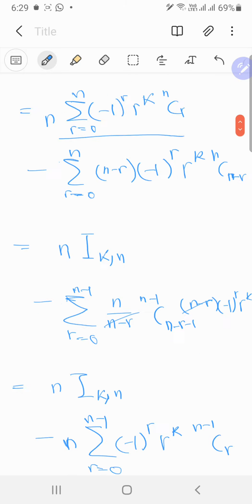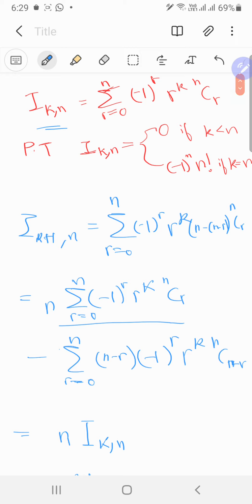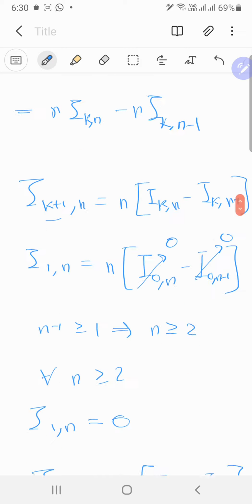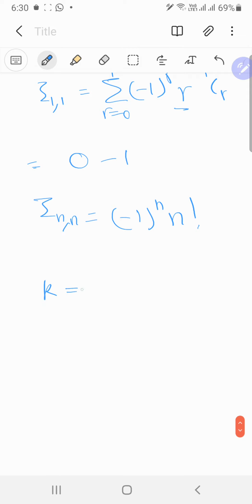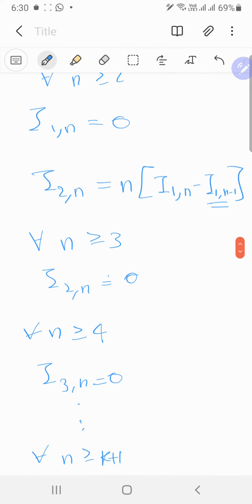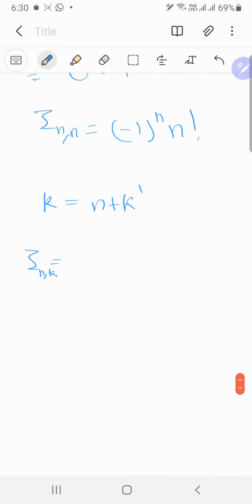Now you might have a question: okay, you got what values you get when k is less than n, what values you get when k is equal to n, but what if k is bigger than n? Well, if k is bigger than n, then we can write k as n plus k dash. In that case we can write I(n, k), which by our definition is the summation from r equals 0 to n of negative 1 to the power r, times r to the power k, times nCr.